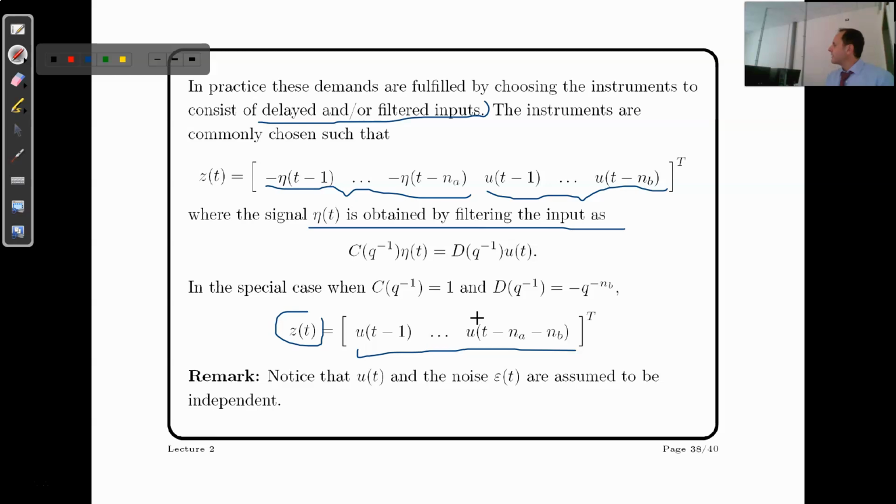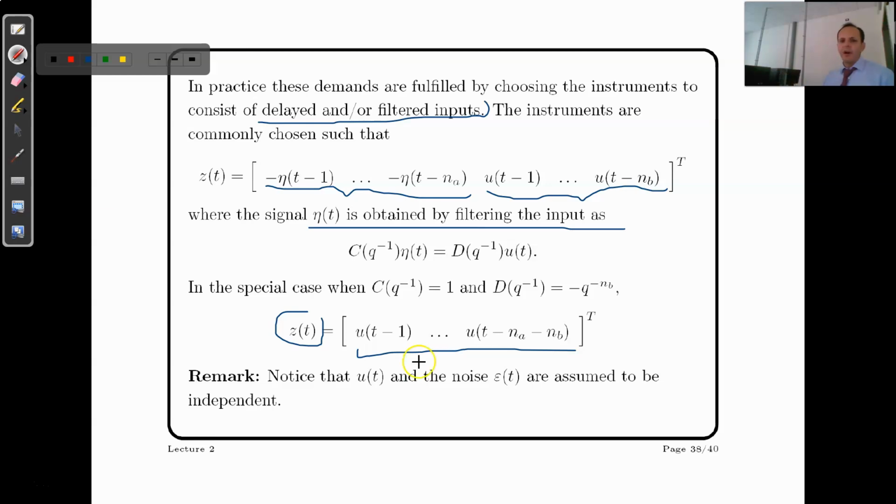In fact, you have two possible ways for implementing the instruments. One is the filtering of the inputs. The second is to use a suitable number of delays of your inputs.